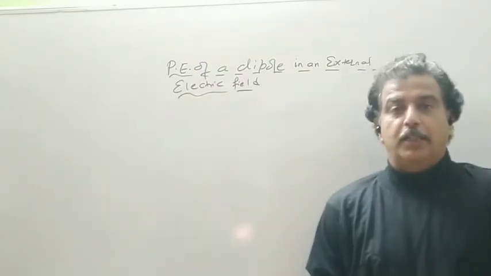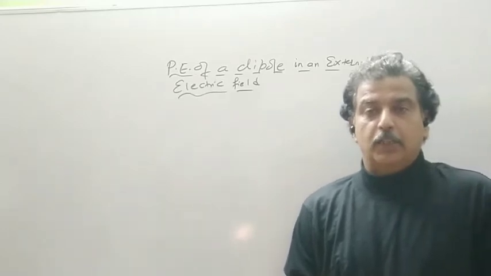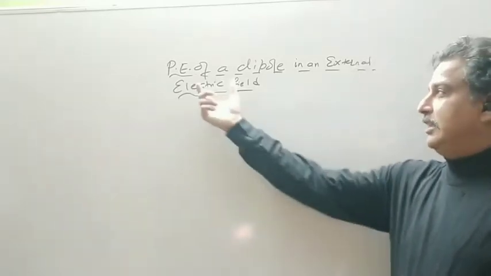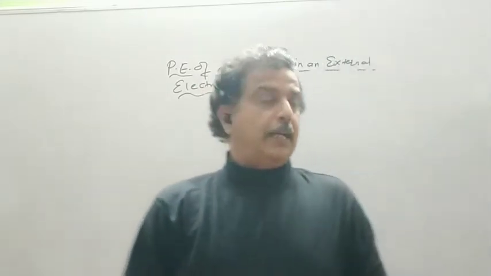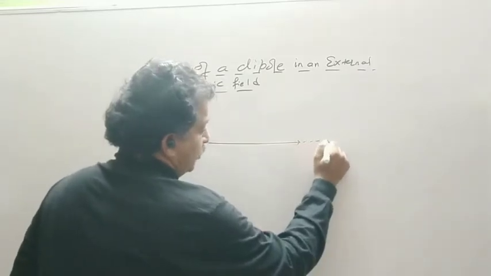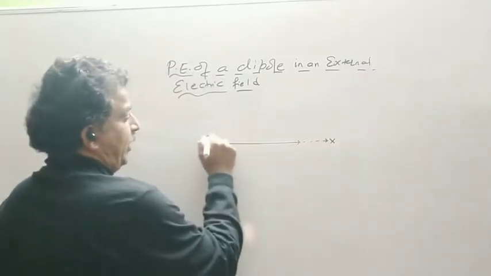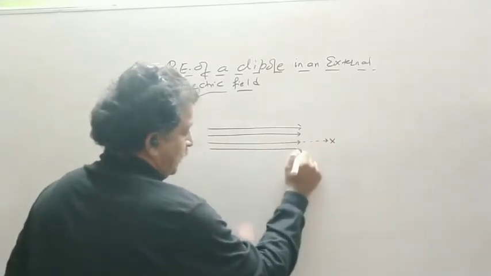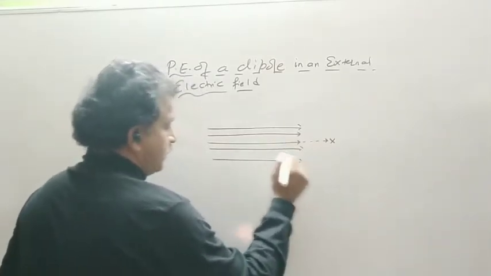In the first chapter we have seen the torque acting on a dipole in an external electric field. Now we will see the potential energy of a dipole. So again the same diagram, we assume the electric field intensity along the x-axis as shown in the figure.